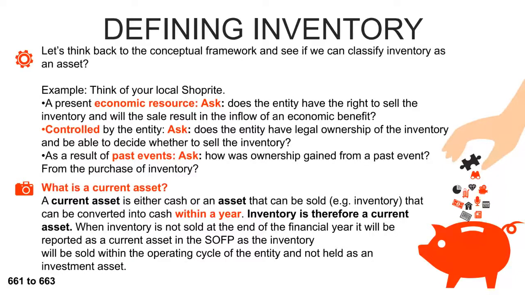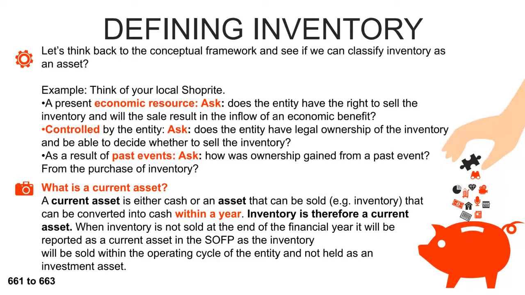You guys are experts at this because you've done the framework with Ms. Smith. But you will know that the definition of an asset is that there has to be an economic resource controlled by the entity as a result of past events.